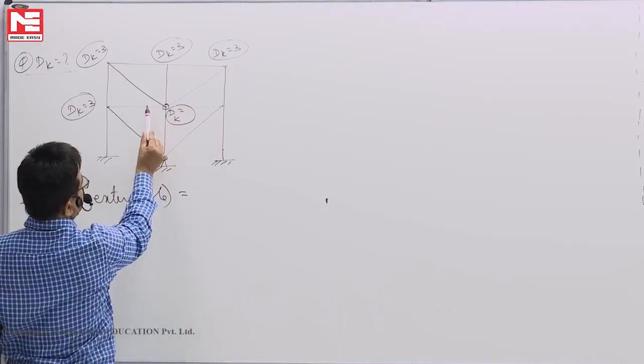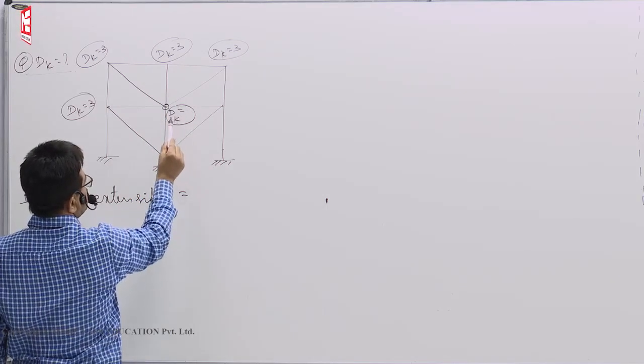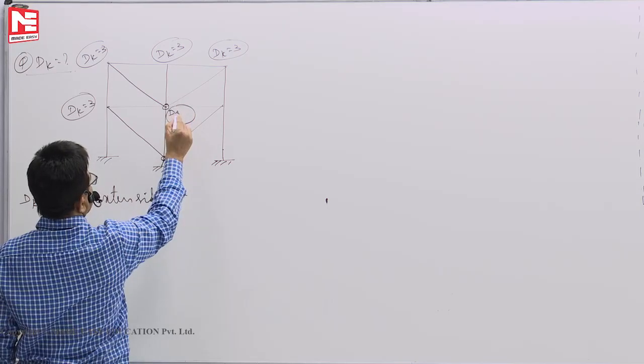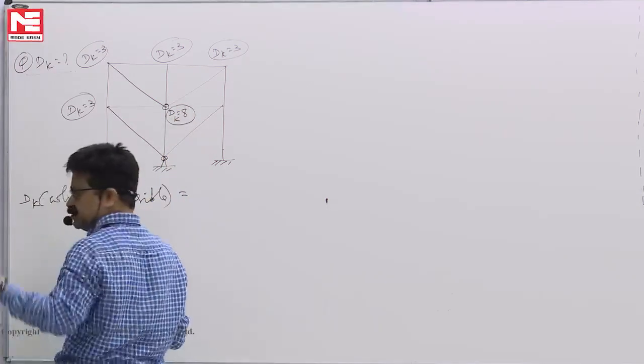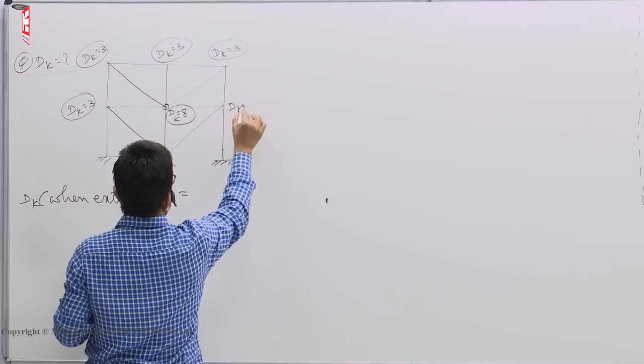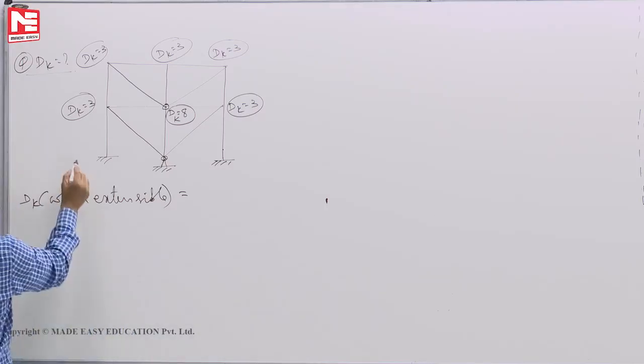See here, for dk when you are finding 1, 2, 3, 4, 5, 6. 6 members, 6 independent rotations. XY translations also we have to take. So dk will become 8. Next, here dk is 3. And here dk is 0.